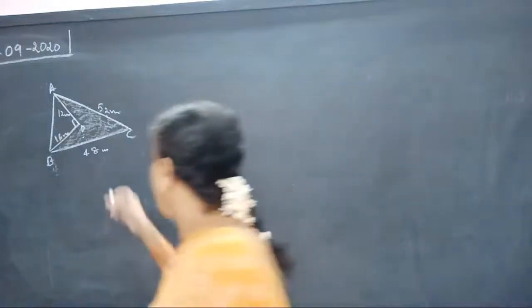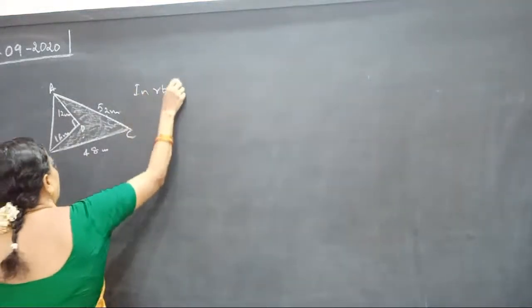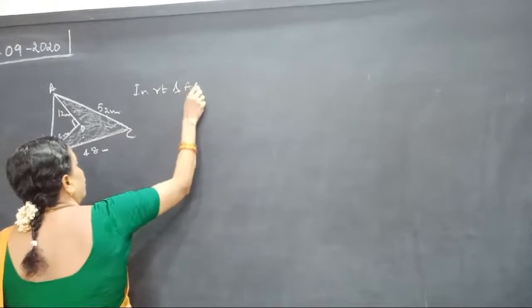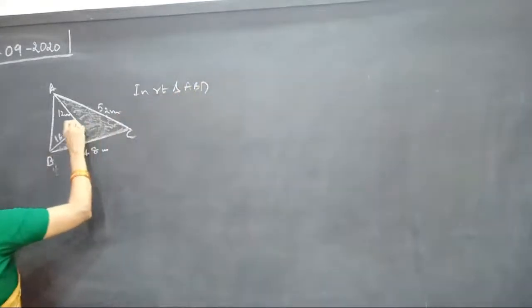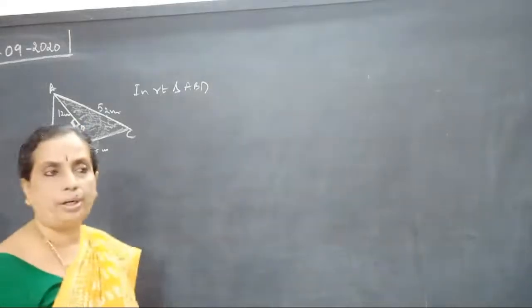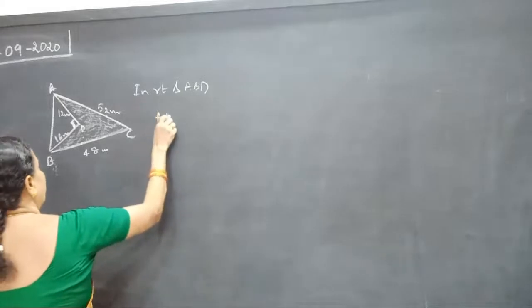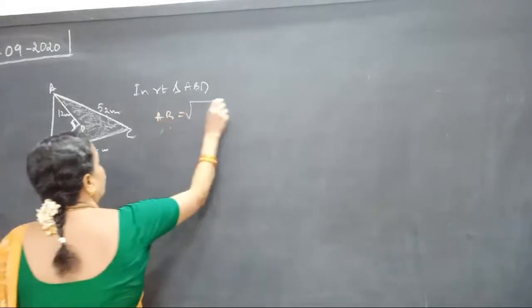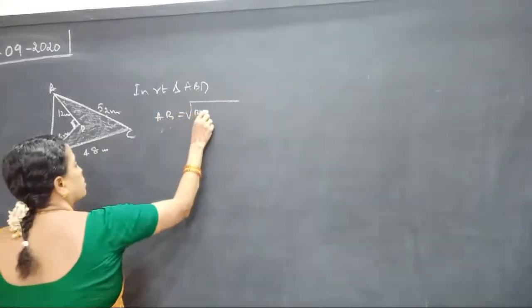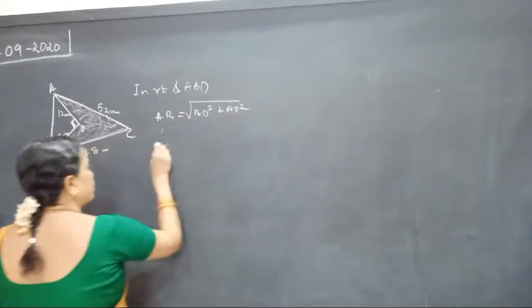So now we consider right triangle ABD, because symbolically they mentioned that it is a right angle triangle at point D. So in right angle ABD, AB equals root of BD square plus AD square.